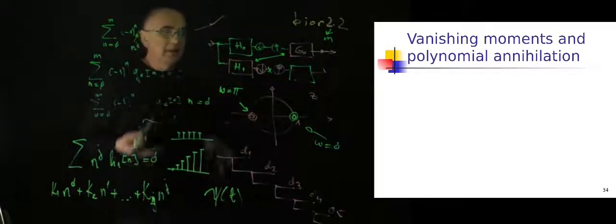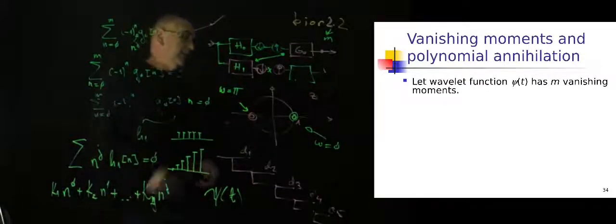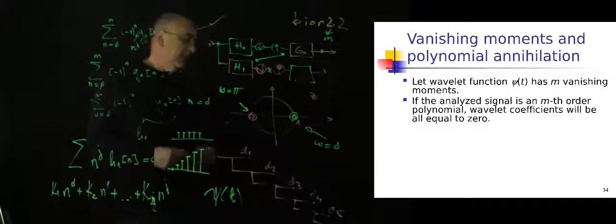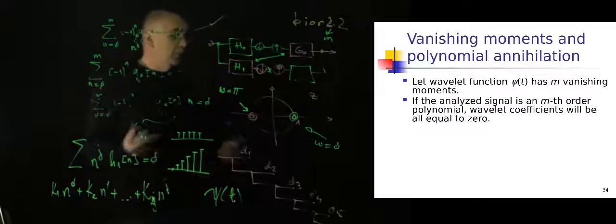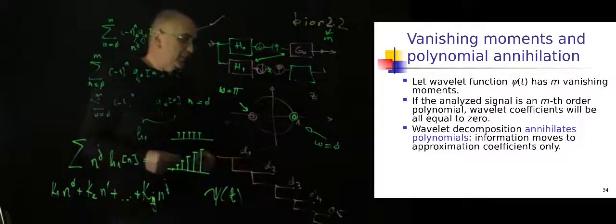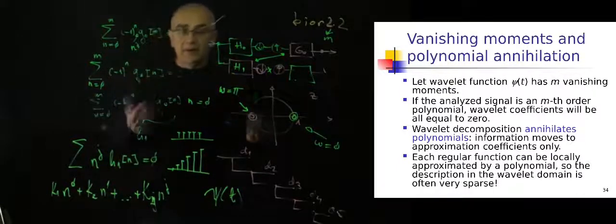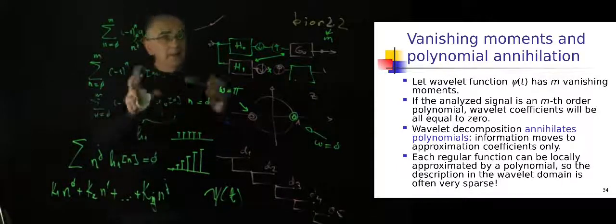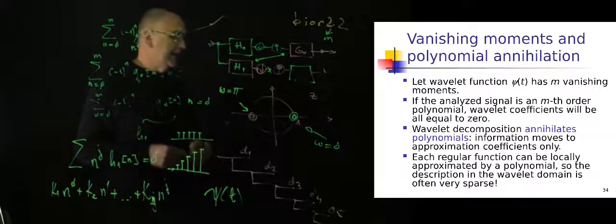So wavelets are ethers of the polynomials, nothing passes through. If the wavelet function has m vanishing moments, it means that an mth order polynomial is not going to pass through. Wavelet coefficients will all be equal to 0. That's a good property. Wavelet decomposition annihilates polynomials, and most functions from the real world can locally be represented, or at least approximated, by polynomials, and nothing remains.